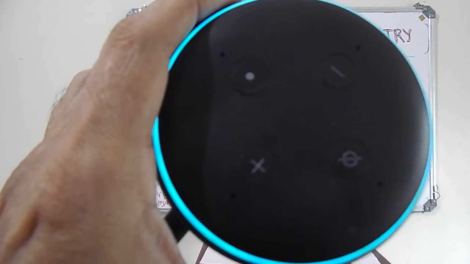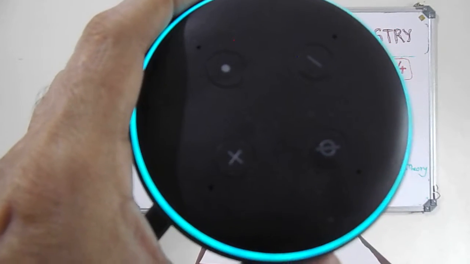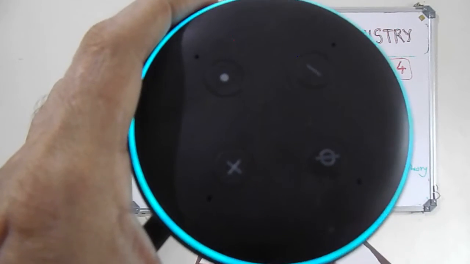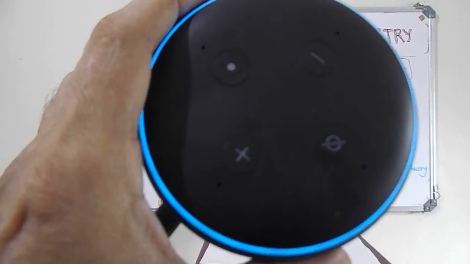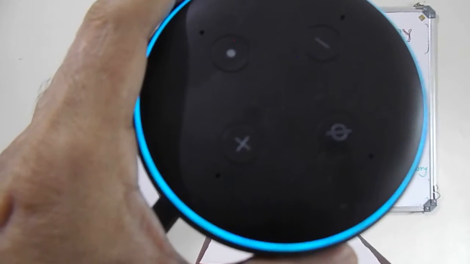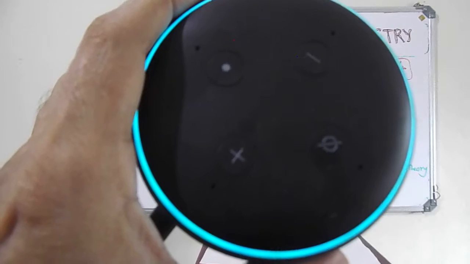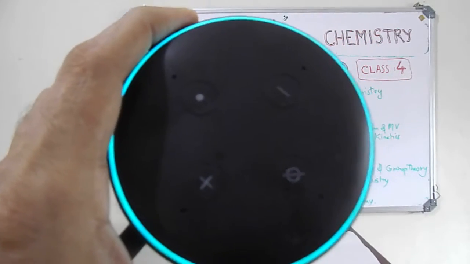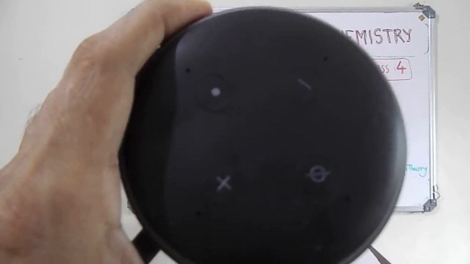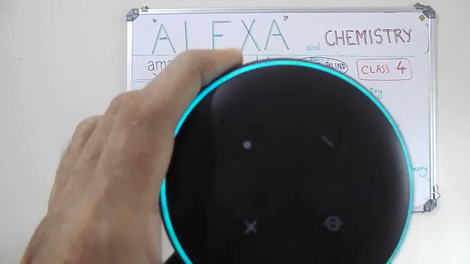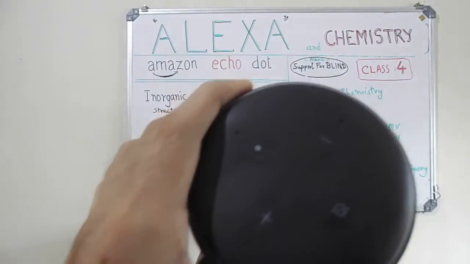Raman spectroscopy, named after Indian physicist C.V. Raman, is a spectroscopic technique typically used to determine vibrational modes of molecules, although rotational and other low-frequency modes of systems may also be observed. Alexa, thank you very much for this information. You bet. Okay, welcome.